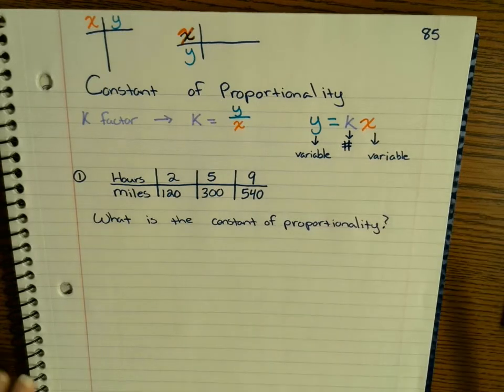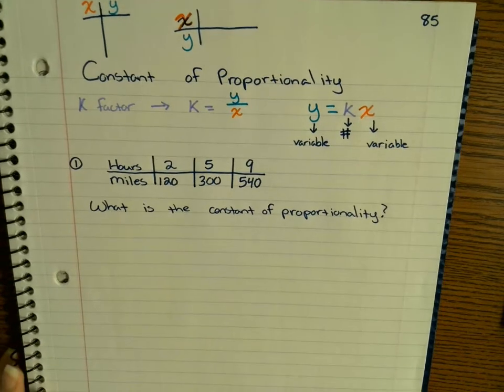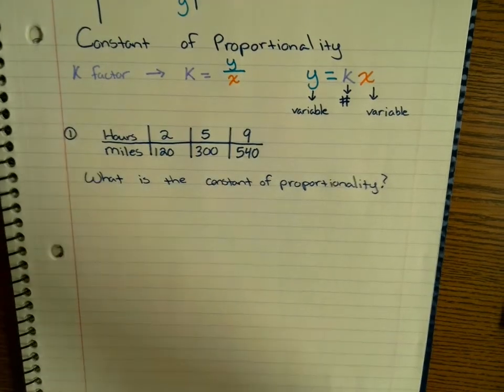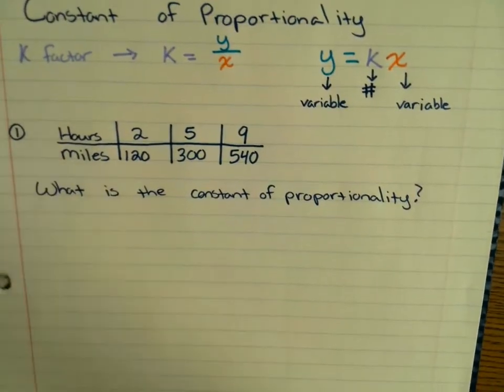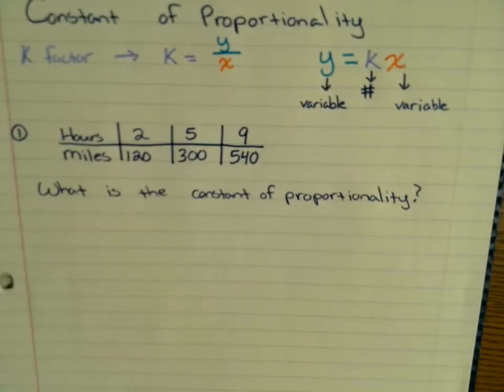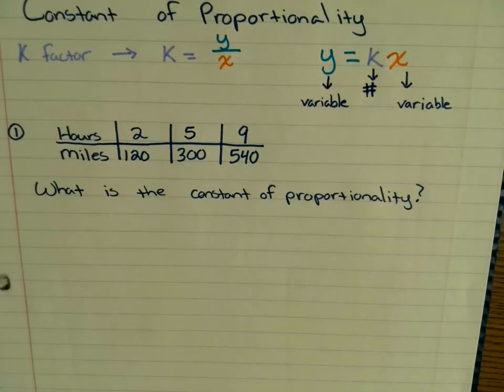So again, when you're given this kind of information, let me zoom in so it's a little easier to see. You have to identify which set of values represents your x and which set of values represents your y. So which one of these is the x, the hours or the miles?